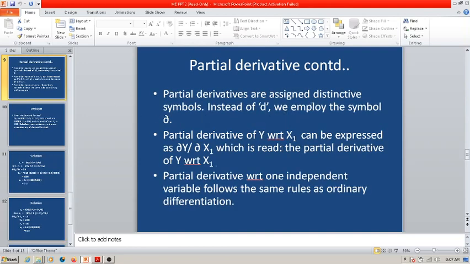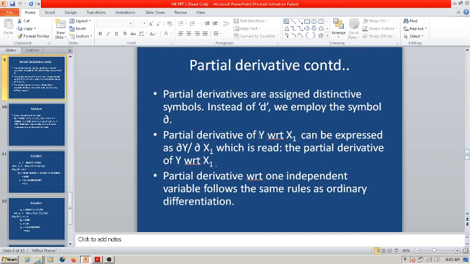Partial derivatives are assigned distinctive symbols. So far, we were using the ordinary derivative where we made use of the symbol d, dy by dx. Here instead of d, we are employing the symbol dou.